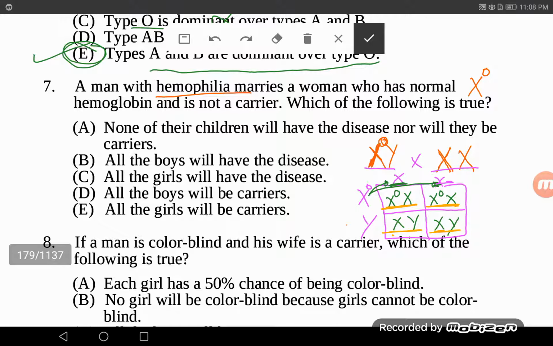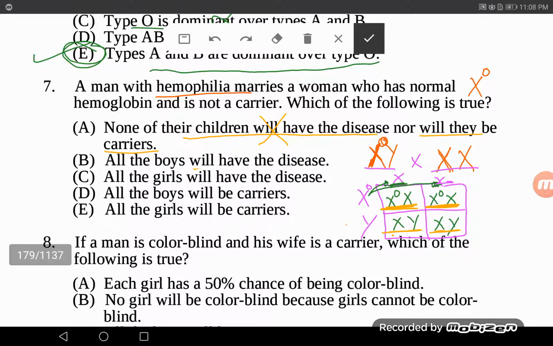So now let us read the possible answers that we have. It says none of their children will have the disease, nor will they be carriers. Yes, we said none of the children will have the disease, but as we can see, the girls are carrying the disease, so this is not true.